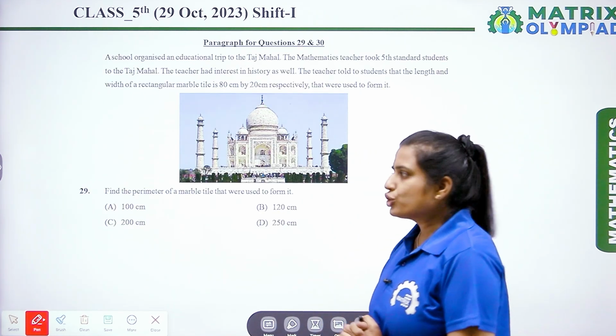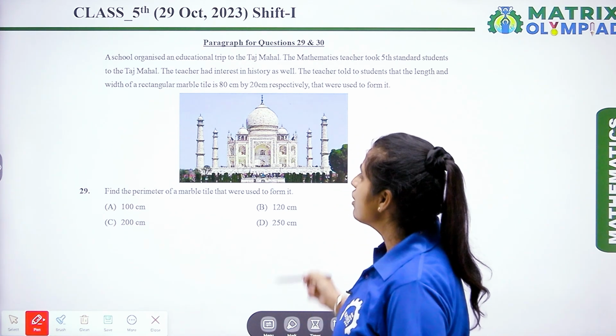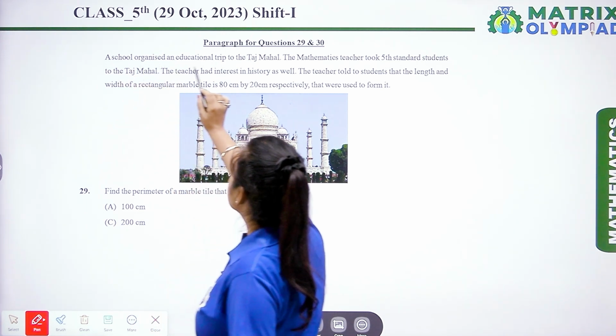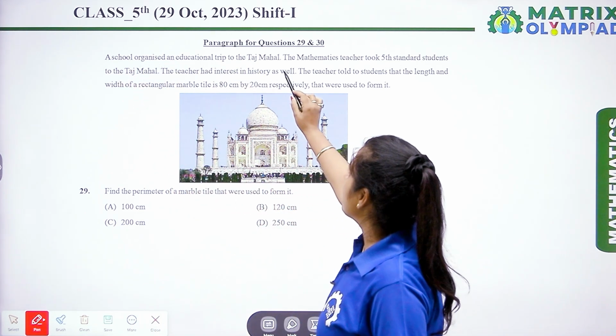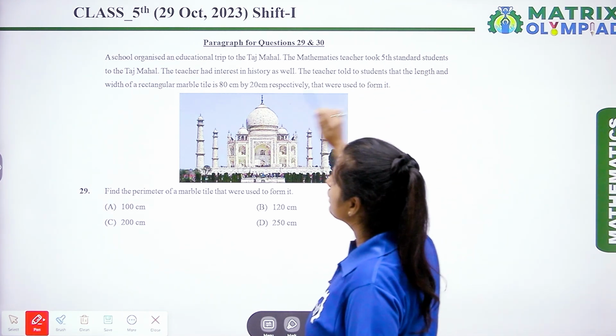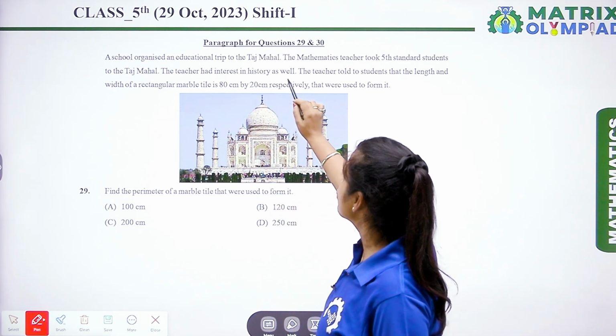Now, the next question is question number 29. This is also based on the paragraph, and the information given to us is: a school organized an educational trip to the Taj Mahal. The mathematics teacher took 5th standard students to the Taj Mahal. The teacher had interest in history as well.